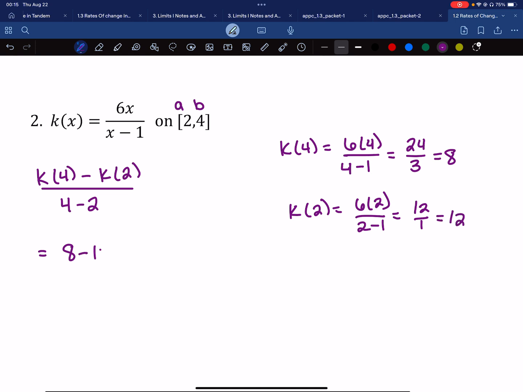So I can go ahead and write that there. 4 minus 2 is 2. I can keep simplifying. 8 minus 12 is negative 4. Negative 4 over 2 is negative 2. So that would be my average rate of change.